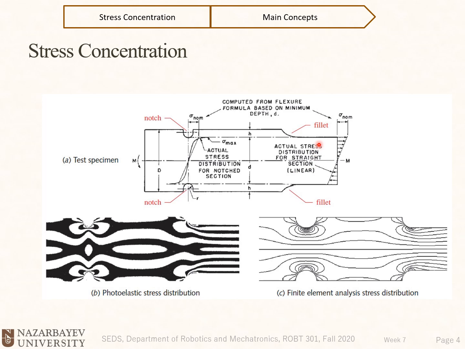So here we see a bar or a beam, okay, with some notch and fillet. And this type of abrupt changes in the cross-sectional area is very common.